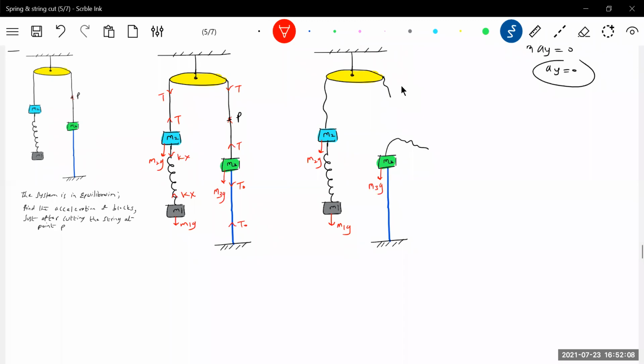Fine. Then, sir, above M2, why will the string become loose? If you cut this rope, everything will become loose. No, there's one common string. Why will this become loose? This is everything one common string, no?